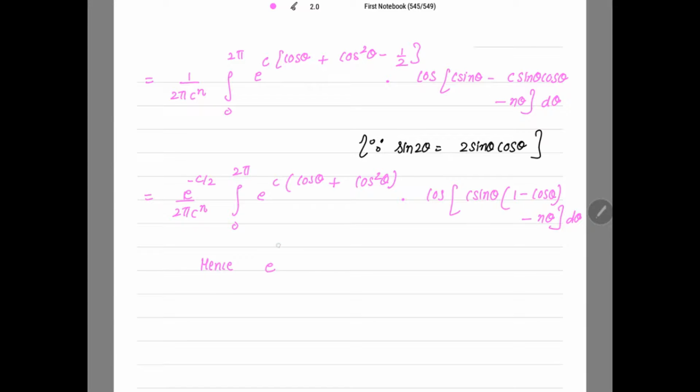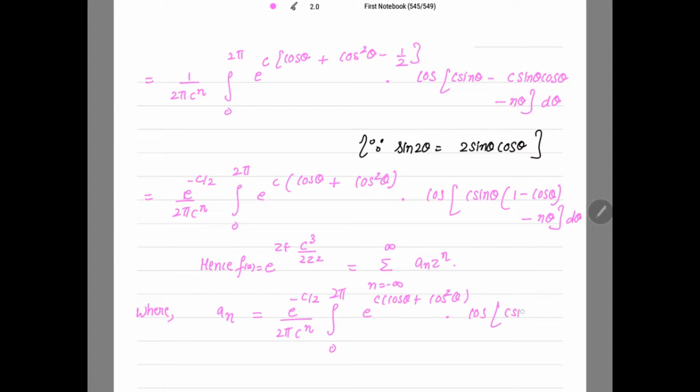So hence, e raised to the power z, which is our function f(z), is equal to, we have proved, the sum from minus infinity to infinity of a_n z to the power n, where the coefficient a_n is equal to e raised to the power minus c by 2 over 2 pi c to the power n, integral from 0 to 2 pi of e raised to the power c cos theta plus cos square theta, into cos of c sin theta into 1 minus cos theta minus n theta, d theta.